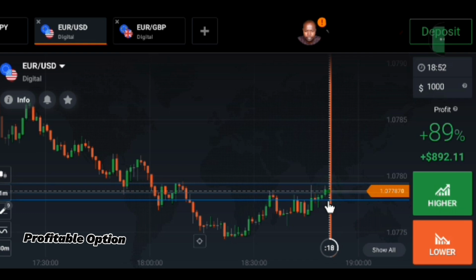So when it breaks out of this resistance and comes back to retest the now support and it's going up, then I'll place a buy trade. As it is now, I cannot trade this one.